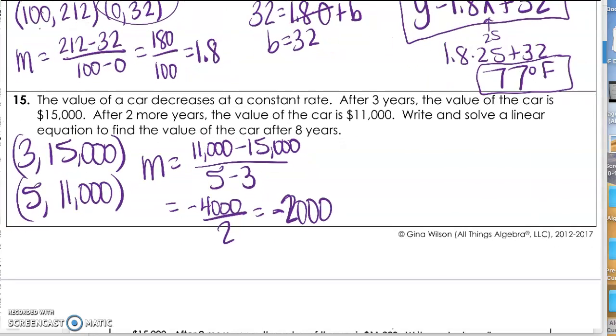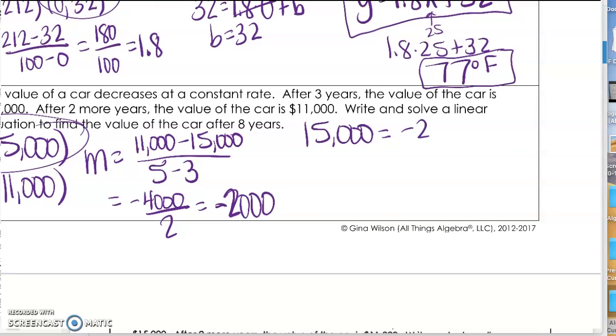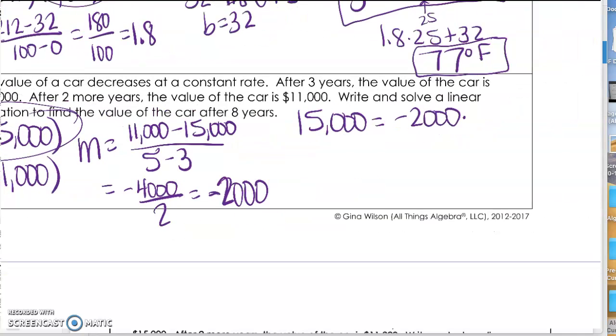So now I'm going to use this smaller one. So 15,000 equals my slope, negative 2,000, times my x, which was 3, plus b. So 15,000 is equal to negative 6,000 plus b. So I need to add 6,000.